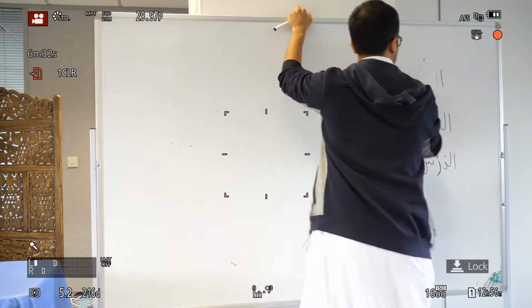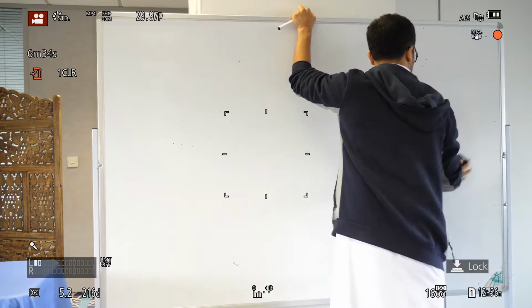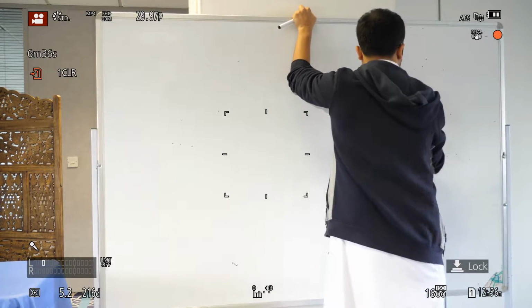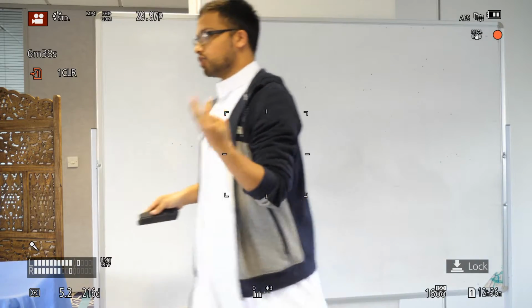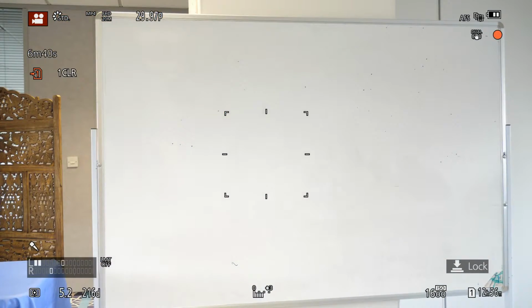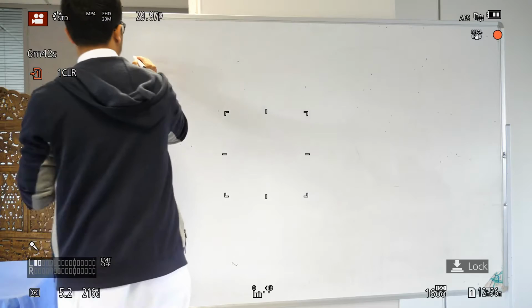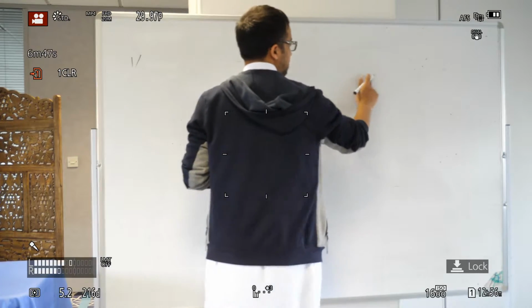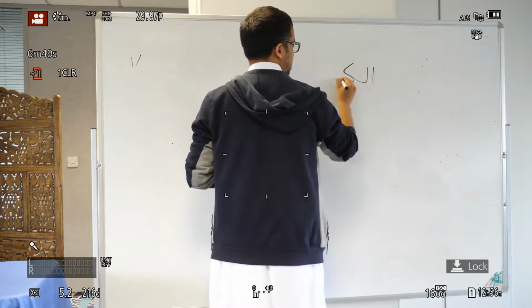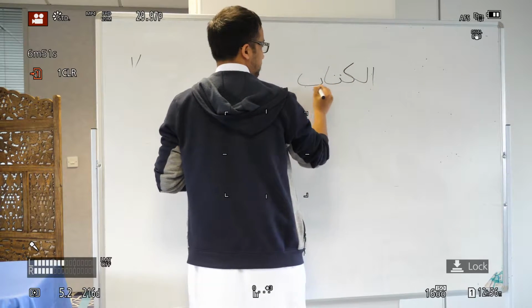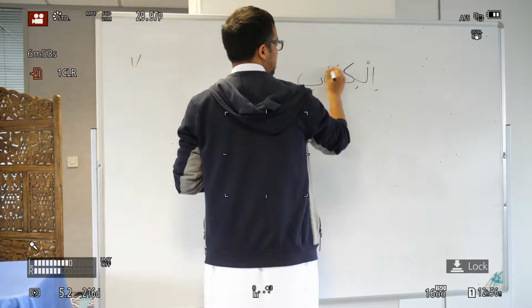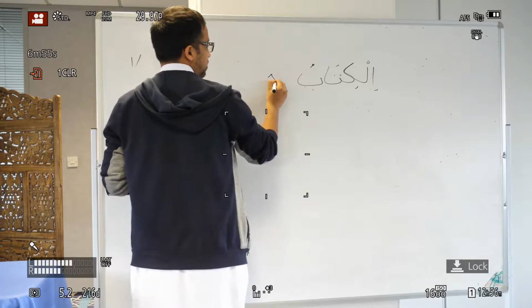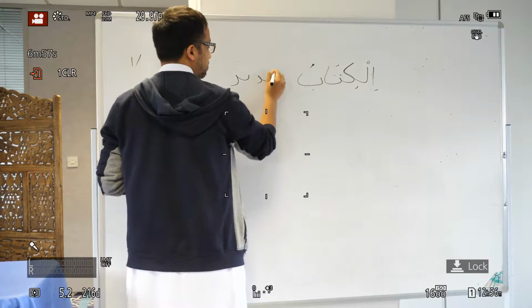Okay. Now, let's go through. Now there's 4 ways you can use laysa. Or there's 4 different ways you can say it. So let's do this. Let's choose al-kitab. Al-kitabu jadidun.